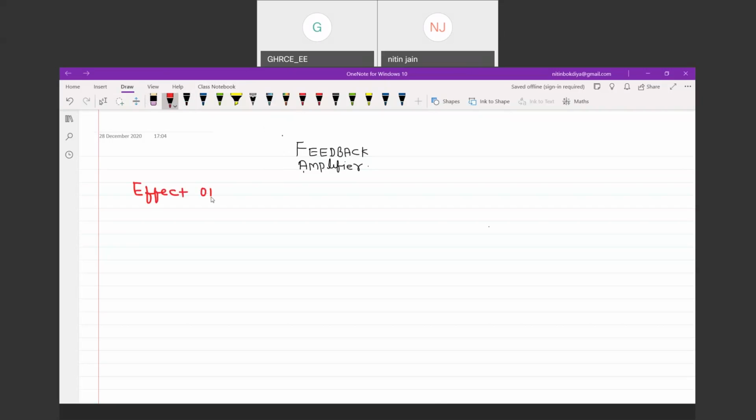Effect of feedback. So what I can say, we are having, let's say, one amplifier having gain A.